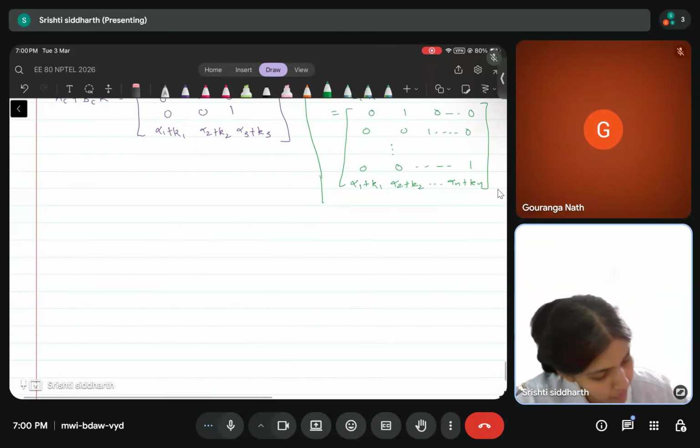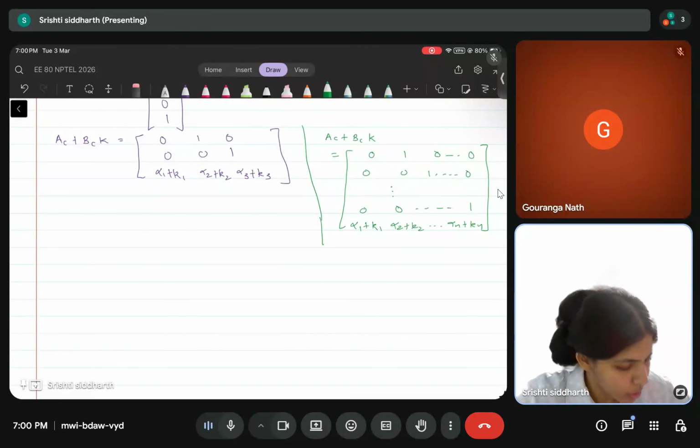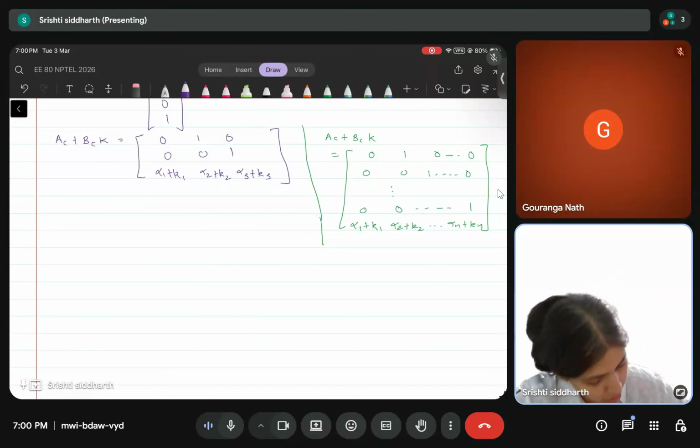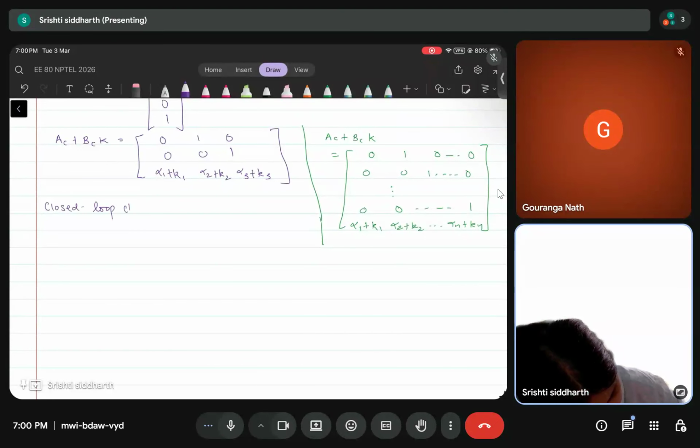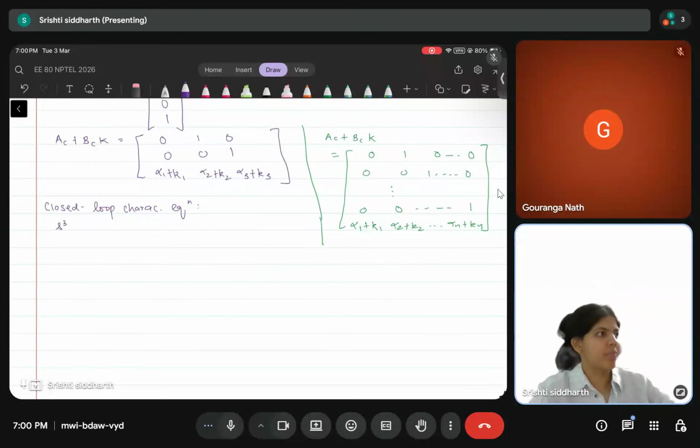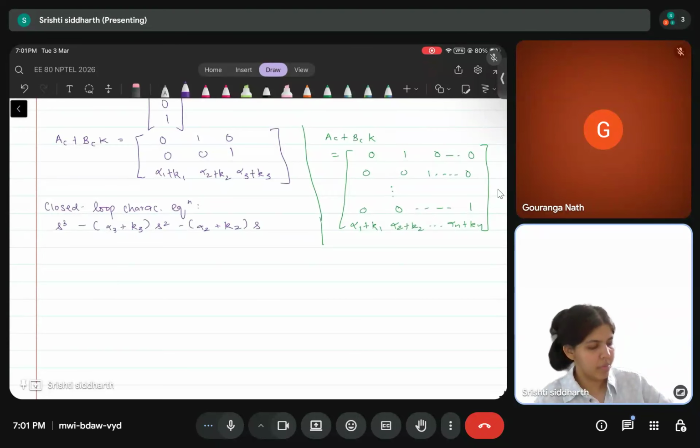Here's one more advantage: we simply get the closed loop characteristic equation as s cube minus (alpha 3 plus K3) s square, then plus alpha 2 plus K2 s, minus (alpha 1 plus K1) equals 0.